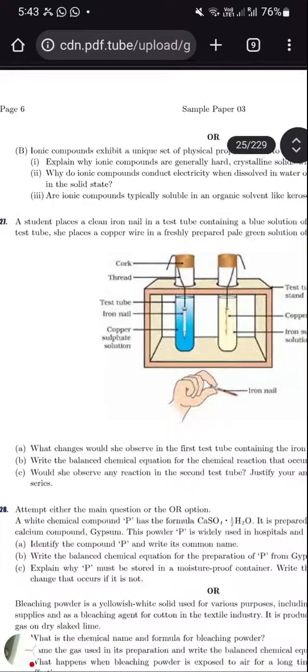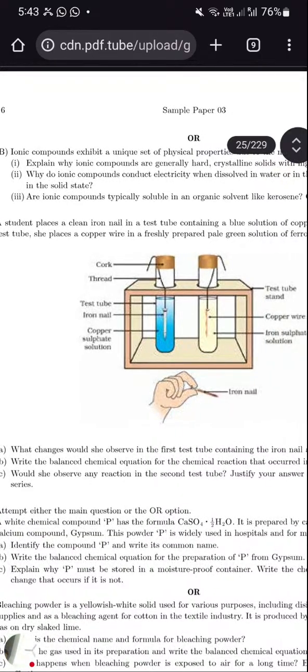Question number 26. First one. Okay. Second one, why do ionic compounds conduct electricity? I'm just reading the questions. If all are clear to you, we'll move to the next question.